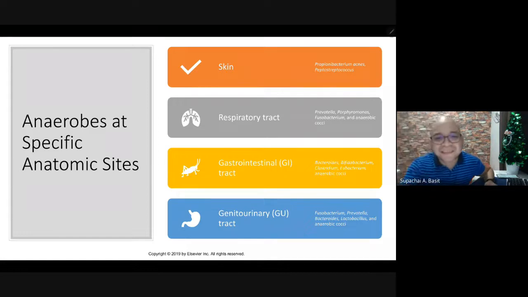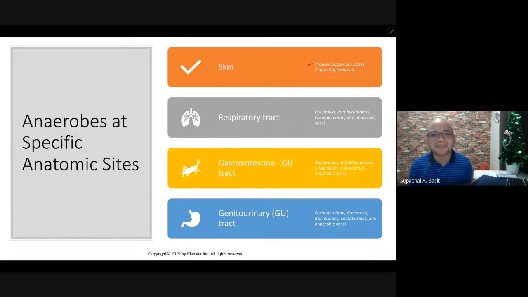There are different anatomic sites of anaerobic bacteria. On our skin, we can find Propionibacterium acnes, the one that can cause acne, and Peptostreptococcus.